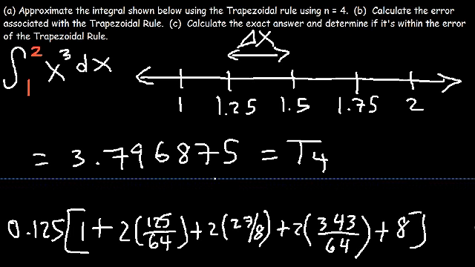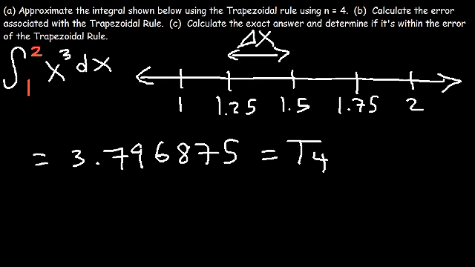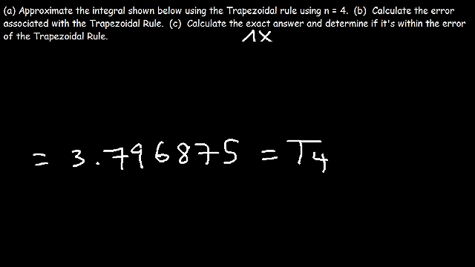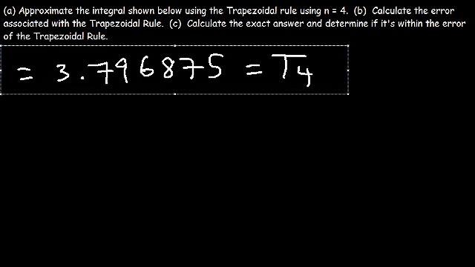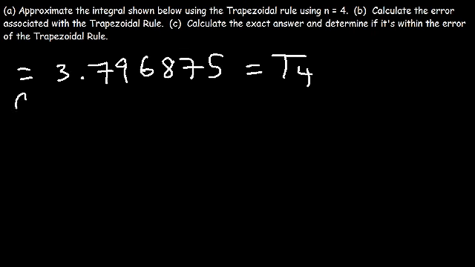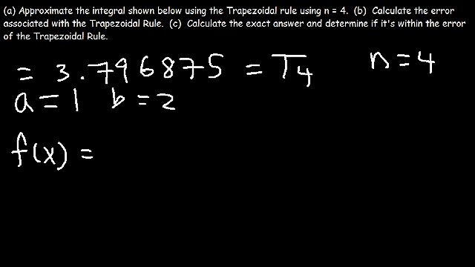Now let's calculate the error associated with this value. So we can see that a is equal to 1, b is equal to 2, n is 4. All we need to find is k. Now f of x is x cubed. F prime of x, the first derivative, is 3x squared.